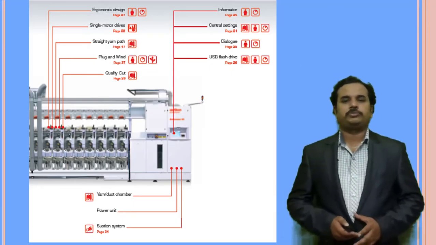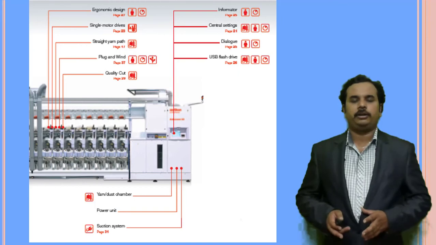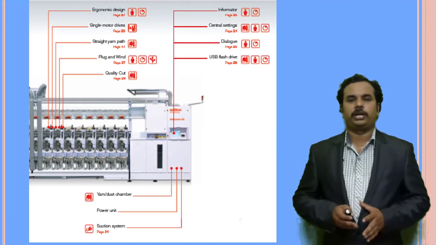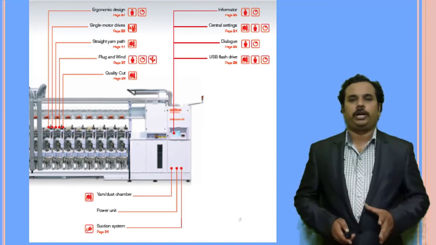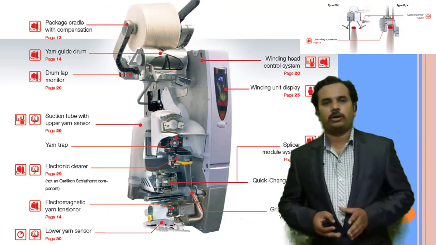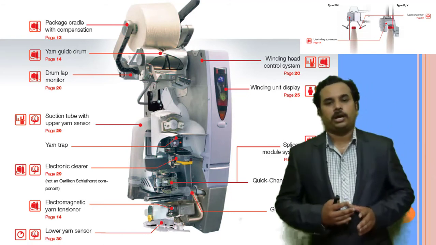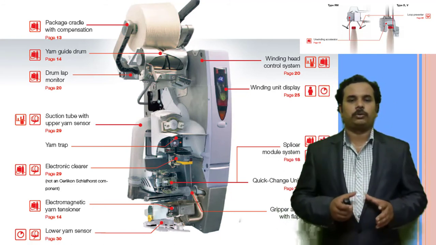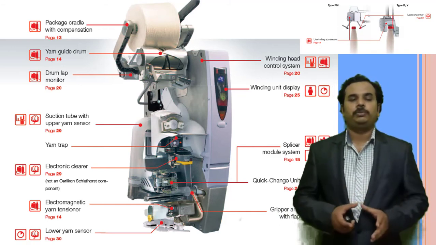Here you can observe the whole winding machine head, and the computer and control panel of the winding machine, where different numbers of heads are present. Here you can see the latest model, the X5 model, and you can observe the lower yarn sensors, electromagnetic yarn tensioners, clearers, and the suction tube.